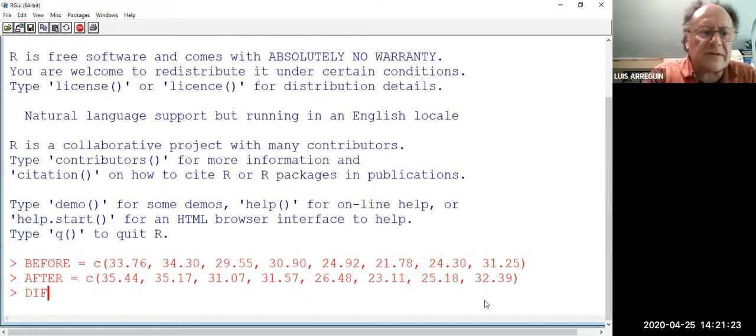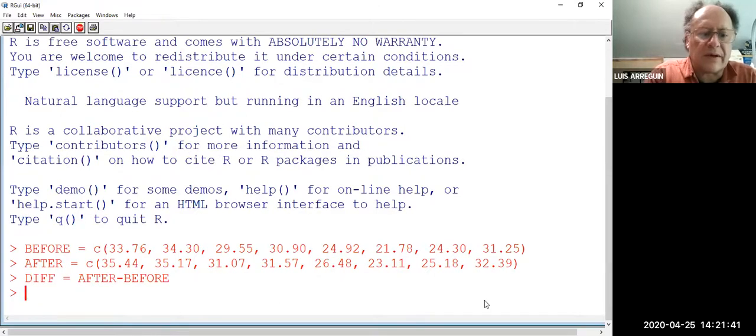The difference is going to be equal to after minus before. So I can call back the differences.